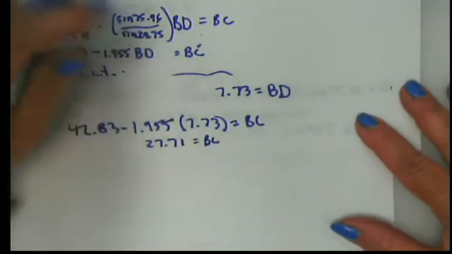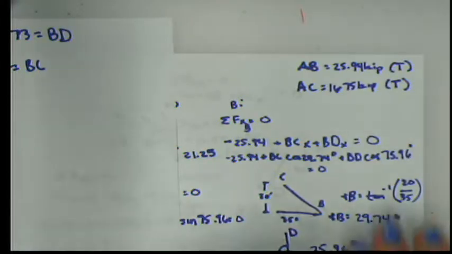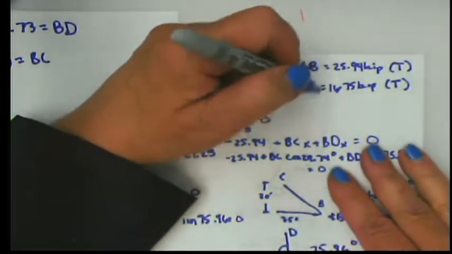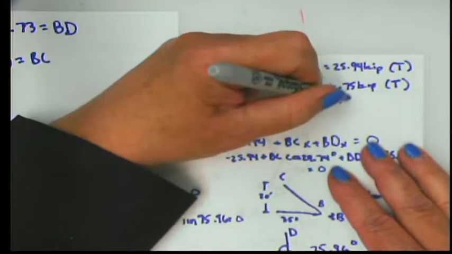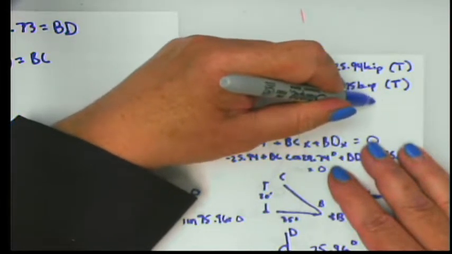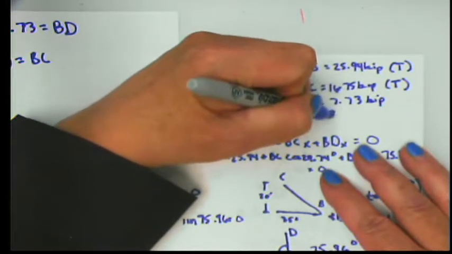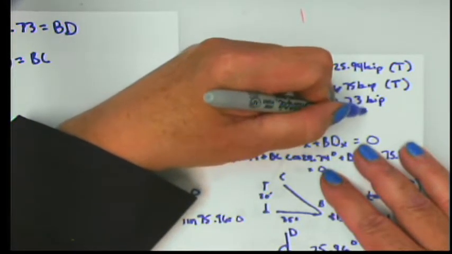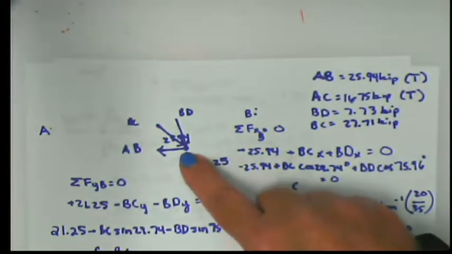All right, very good. So what does that mean? In our table of answers that we will have at the end, we will then say BD is equal to 7.73 kips, and BC is equal to 27.71 kips.